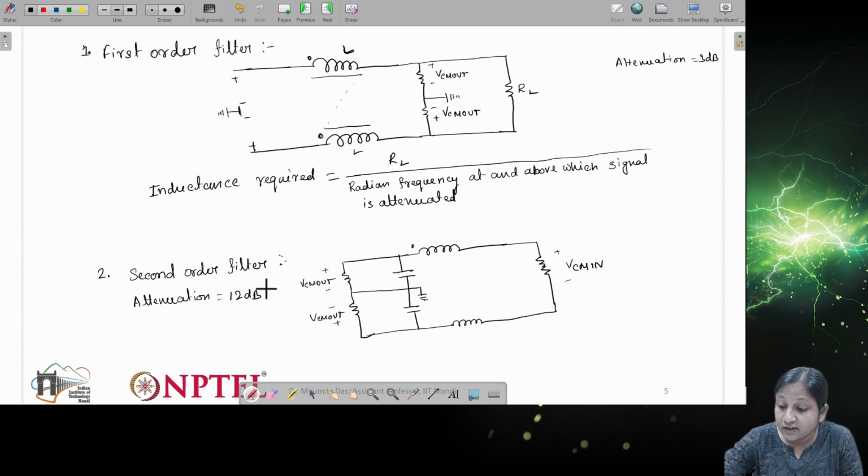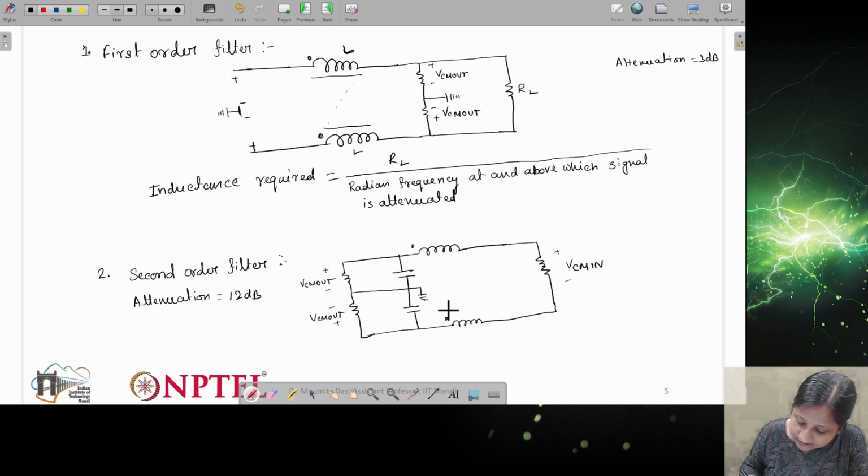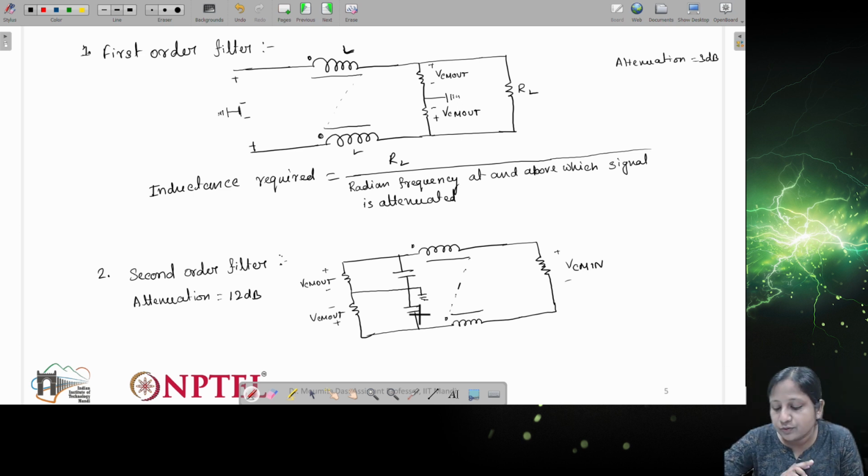So you can see 4 times attenuation we can achieve in the second order filter. The disadvantage is we have to connect these capacitors in order to reach that particular attenuation level, right?